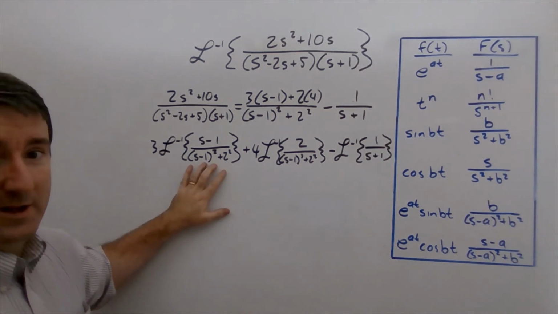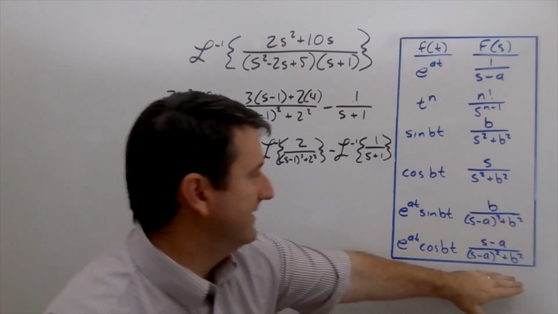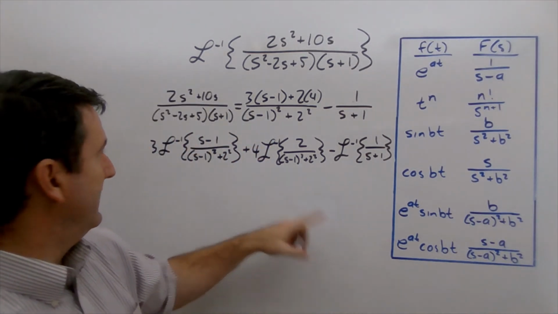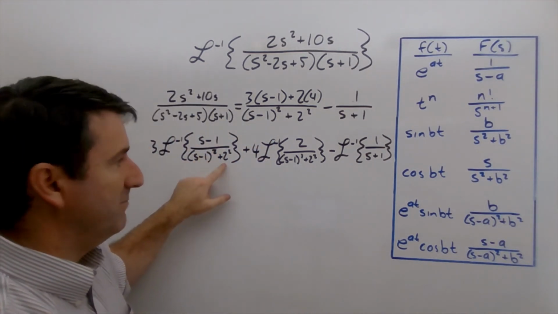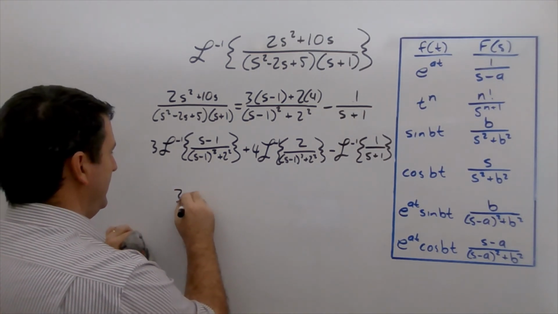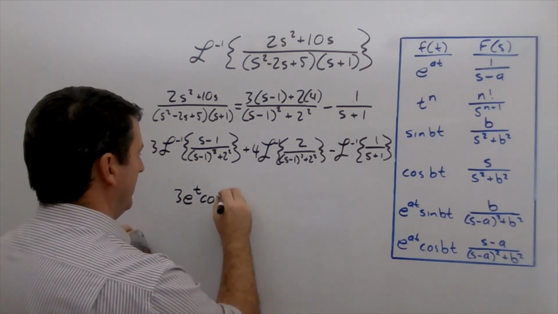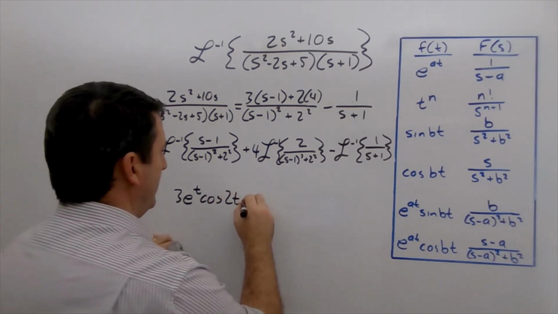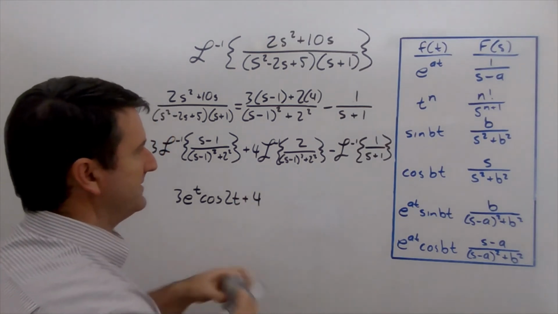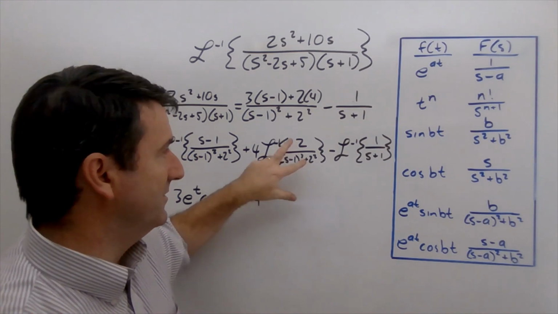All right, now we can see that this looks very much like this down here with an a of 1 and a b of 2. So this is going to be 3 times e to the 1t times the cosine of 2t plus 4 times, this is why I left that 2 in here, because now this 2 and that 2 match up.